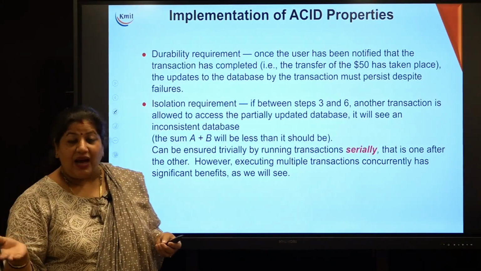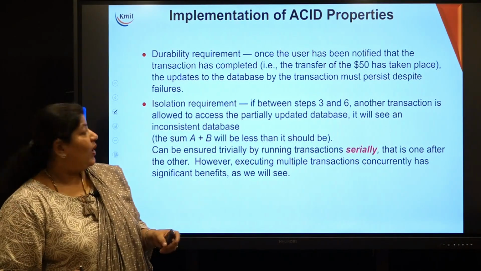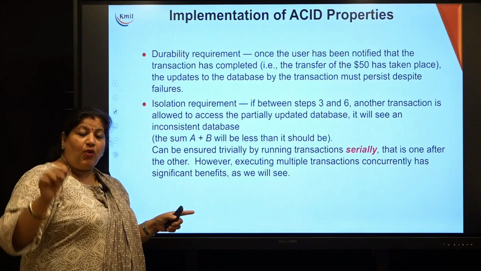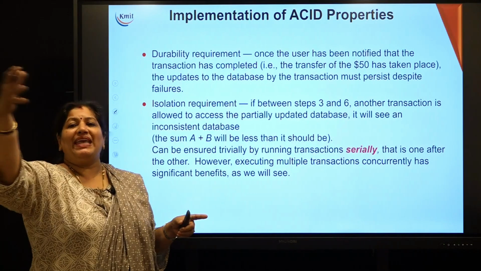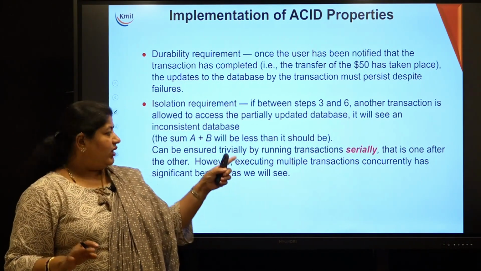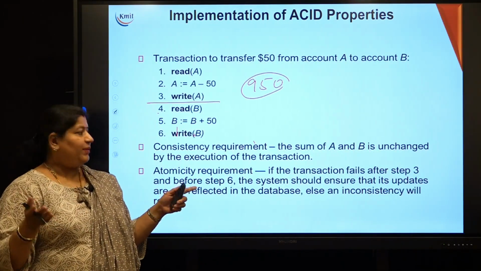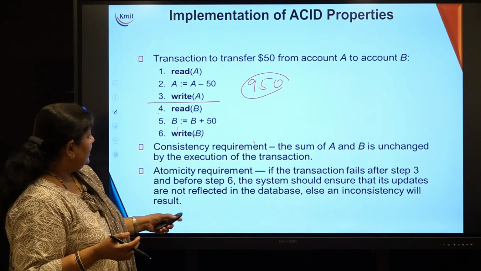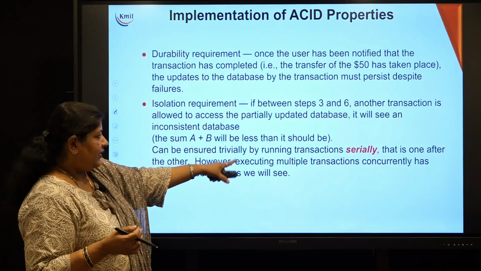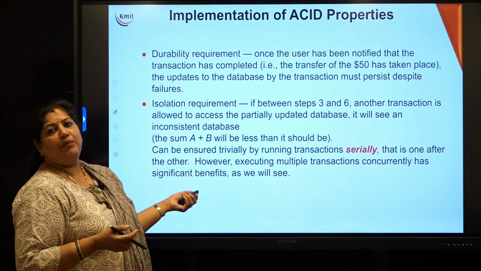If you allow such things, the database will be in an inconsistent state. So you have to see to it that when you are performing that transaction, nobody else is allowed to interfere with the common data. That is what isolation is, which I told you. We will be learning about the lock concept later. So remember, you are running the transactions serially; all these things are the implementation.